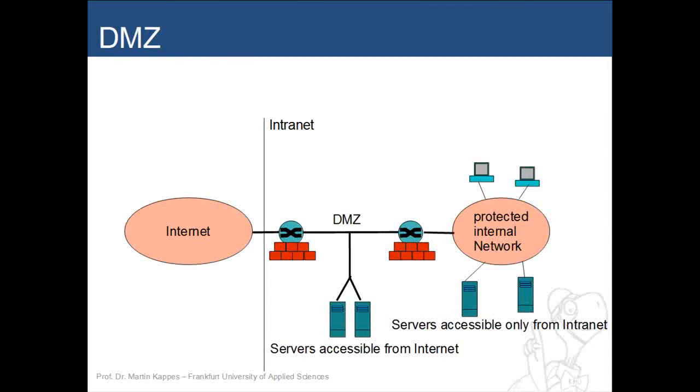What is the demilitarized zone? Well, the demilitarized zone is a zone which is protected from the internet by a packet filter and which is also separated from the protected internal network by another packet filter. And the idea here is that this packet filter, of course, can offer fine-grained control as to what type of access is possible from the internet to these servers, and then this packet filter here can have fine-grained control as to what these servers are allowed to access in the protected internal network, or basically prohibit access altogether.